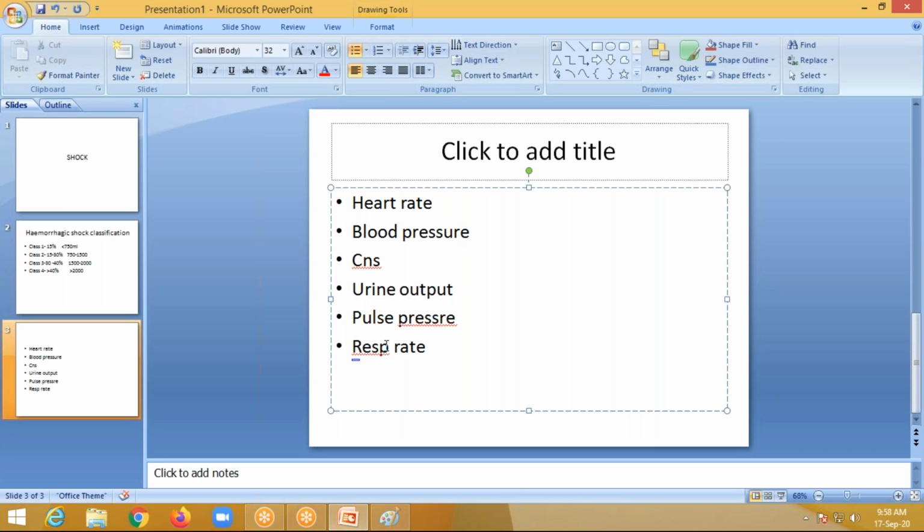Can anyone say what is SIRS? What is the full form of SIRS? Have you heard the term? SIRS, qSOFA, septic shock, sepsis. These all are important topics.